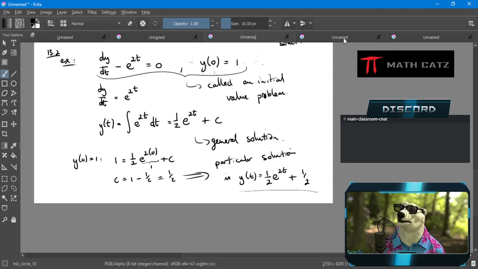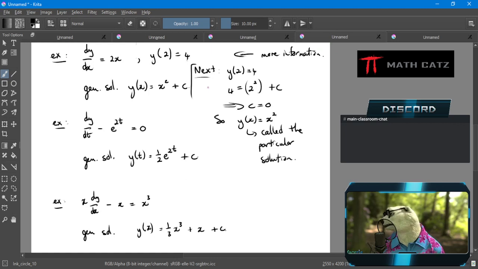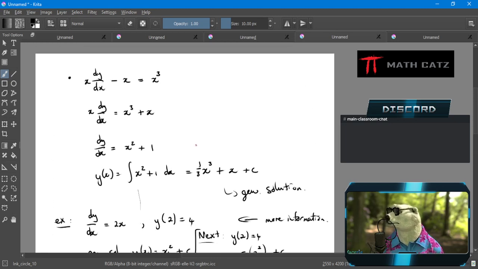So let's do that for our very last one, which was up here. I have a differential equation. I can go as far as the general solution unless you give me some extra information. Let's keep it nice and simple. Let's just say y at 1 equals 2. So after the differential equation, I go up here and say next.